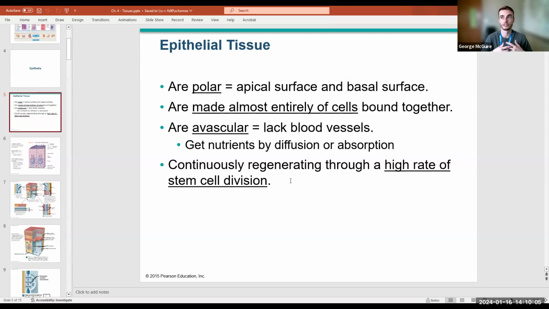And so we have stem cells, essentially, that are there to generate these cells and replace them at a really high rate. Which also means that the cells of the epithelial tissue are most prone to mutation and thus most prone to the formation of cancer.